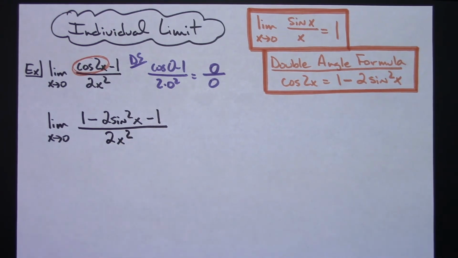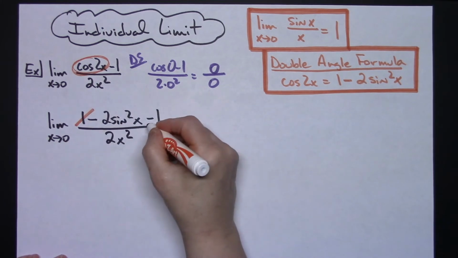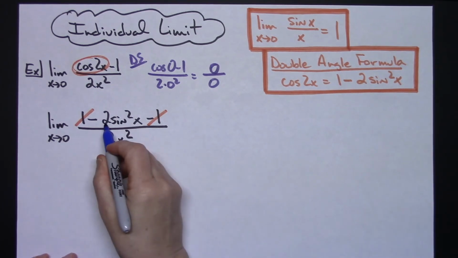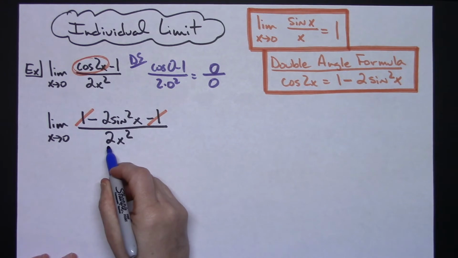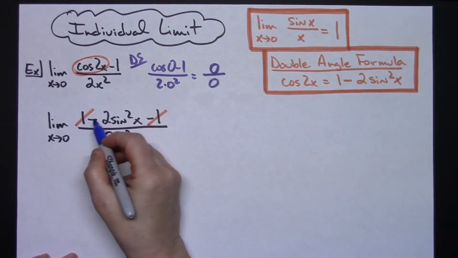Alright, so from there I can start simplifying. 1 minus 1 is going to cross out right there. And then maybe we can do this all in the same step here. I then have a negative 2 and a 2 here in the bottom, so the 2's will cross out as long as I don't forget about that negative.